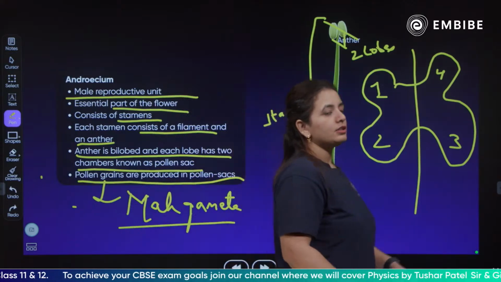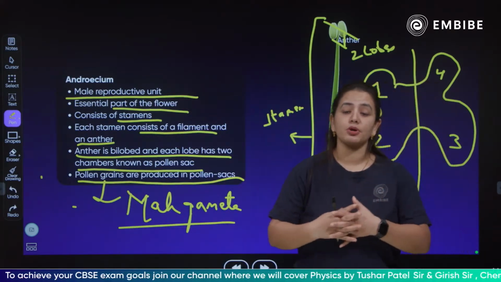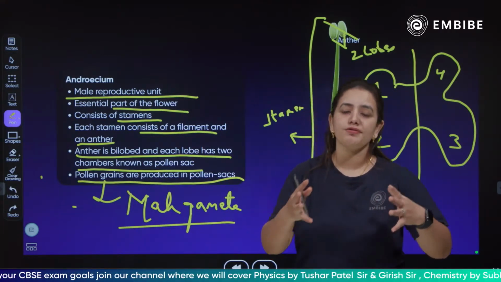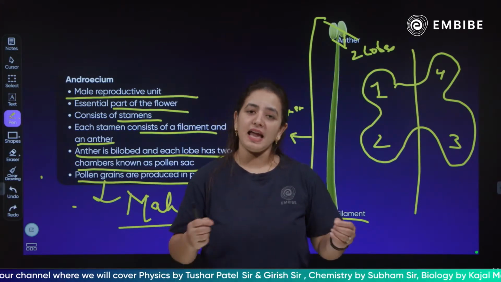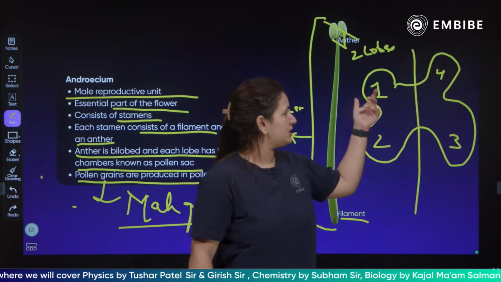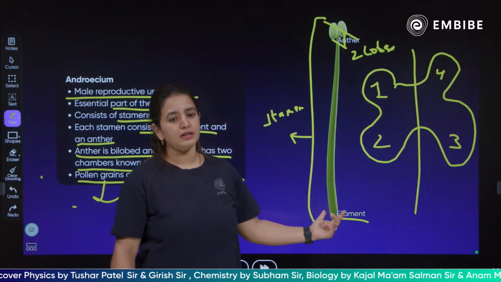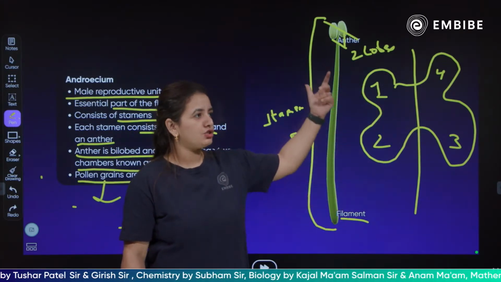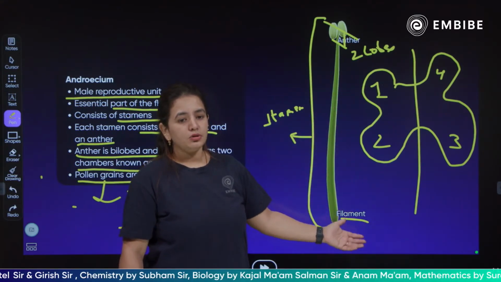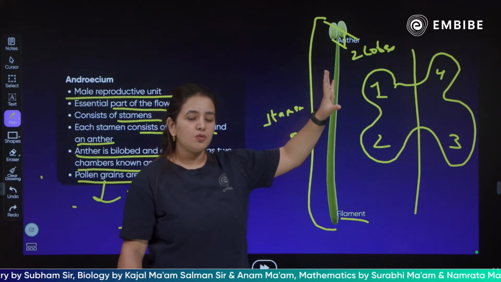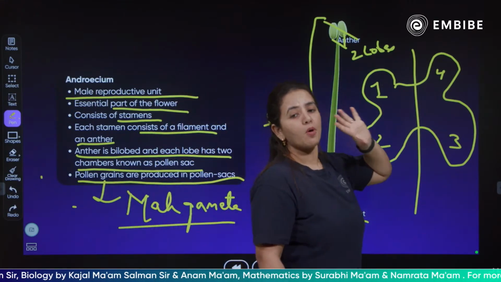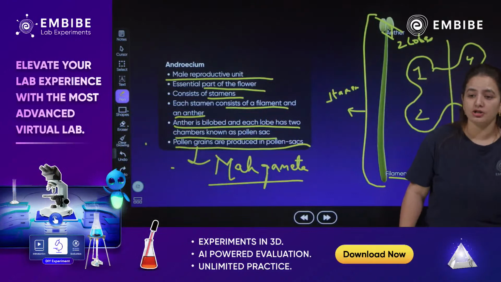So children, the androecium is the male reproductive part. It consists of stamen. The stamen is divided into filament and the anther. The filament is basically a stalk, but through this stalk there is anther attached, and anther is the main part which consists of the pollen sacs, a bilobe structure.